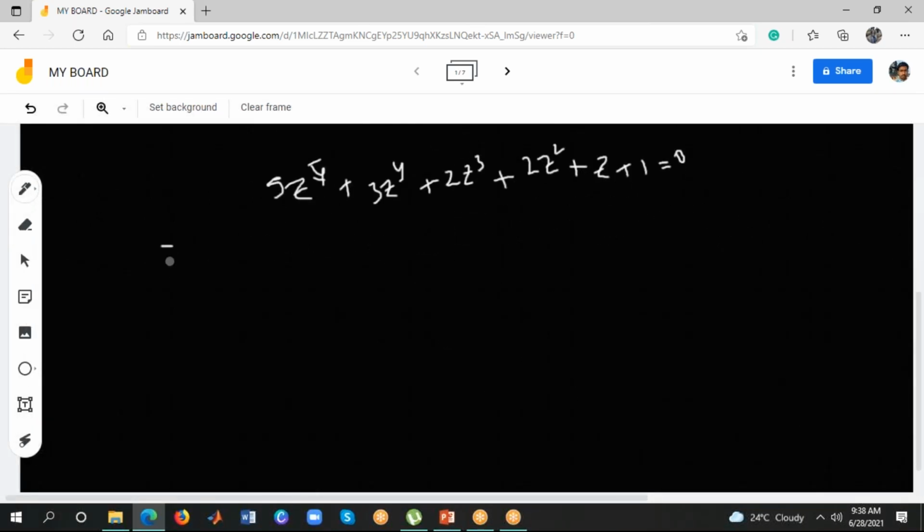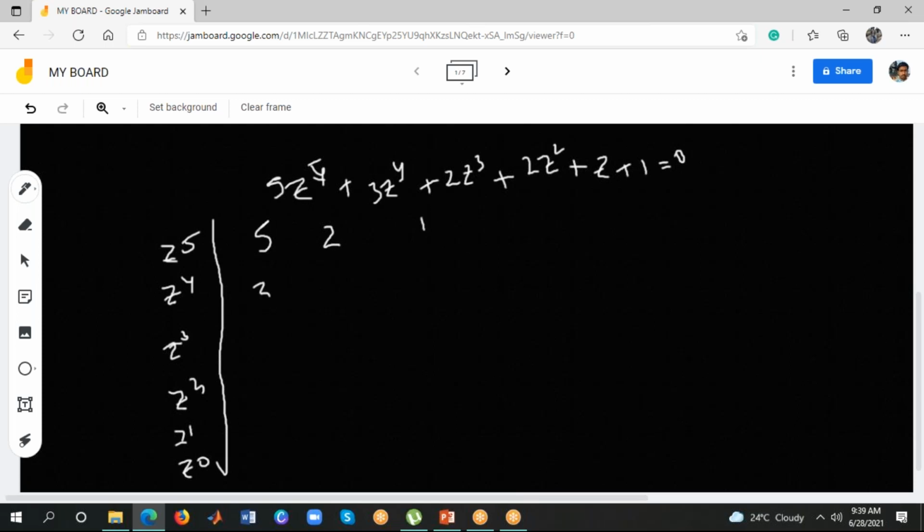Now we have to find the root array for this equation. So I'm going to write z power 5, z power 4, z cubed, z square, z power 1, z power 0. First row you will get 5, 2, 1. Second row you will get 3, 2, 1.